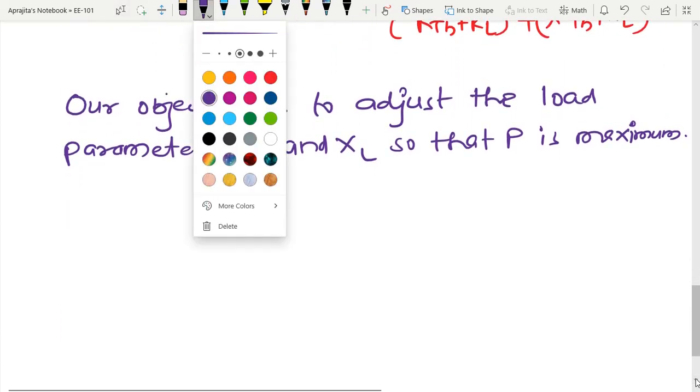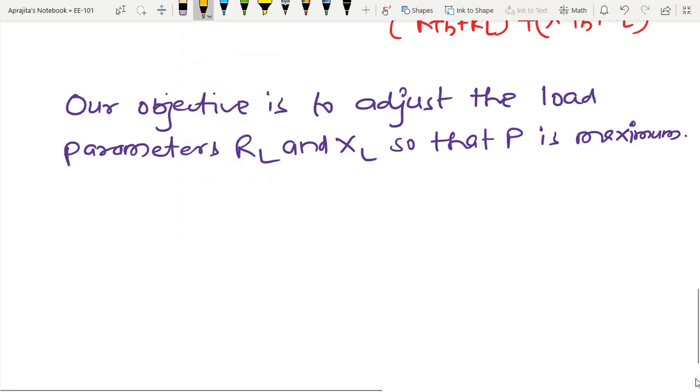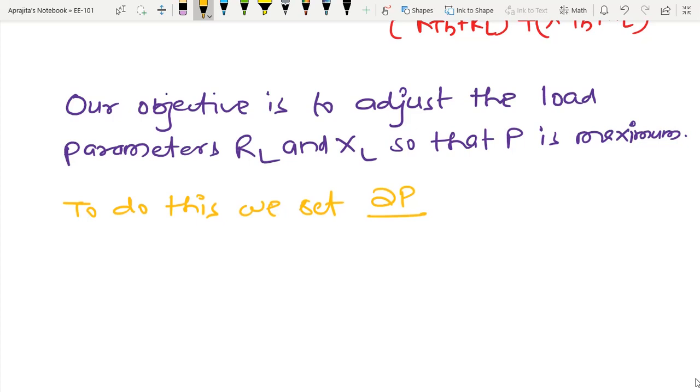I am going to write in a different color. To do this, we set dou P by dou RL and dou P by dou XL equal to 0, because our power expression is a function of both RL and XL.